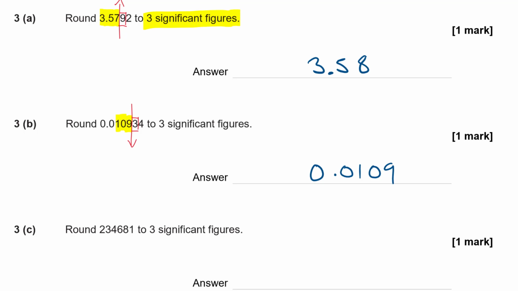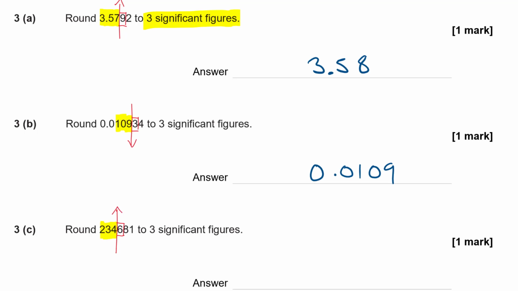Okay. Finally, round 234,681 to three significant figures. My first significant figure is that 2, it's the first non-zero digit, then the 3, and then the 4. That's my second and third significant figure. So I need to put the cut line in after the 4. Now let's have a look at the next digit along. It's a 6. It's 5 or more, raise the score.